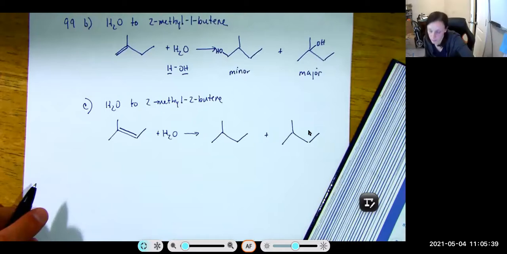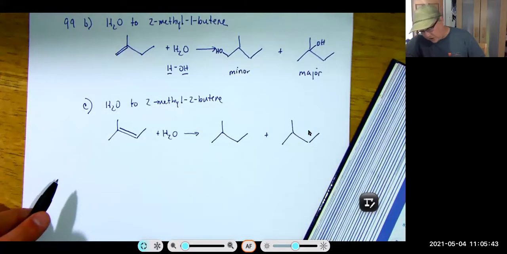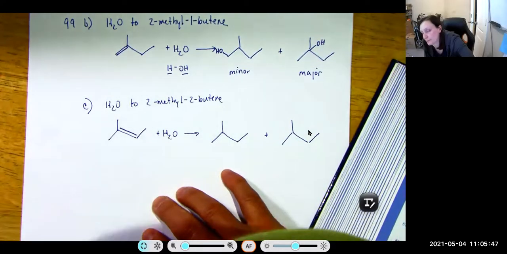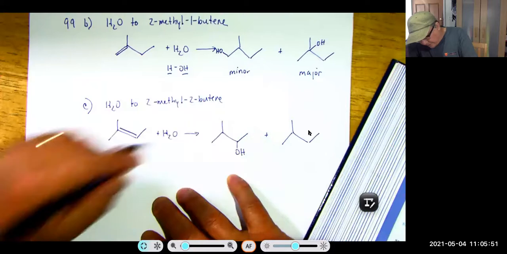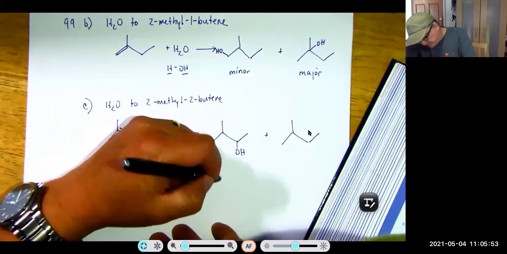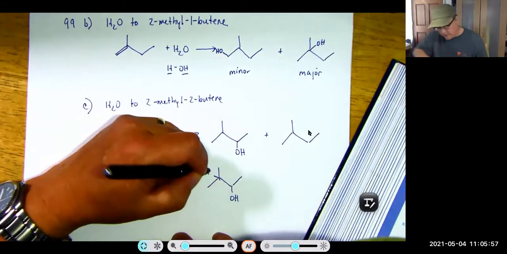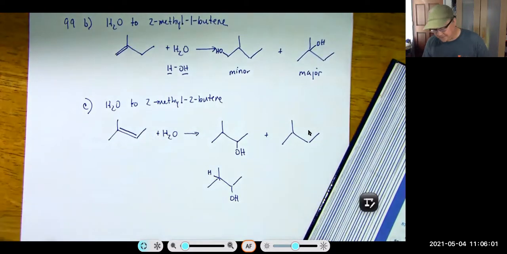So what do you want to do for this first one? Do you want to add the OH to carbon 2 or to carbon 3? I did carbon 3. Okay, so right here. Some people like to do this. So you can see that a hydrogen has been added to carbon 2.